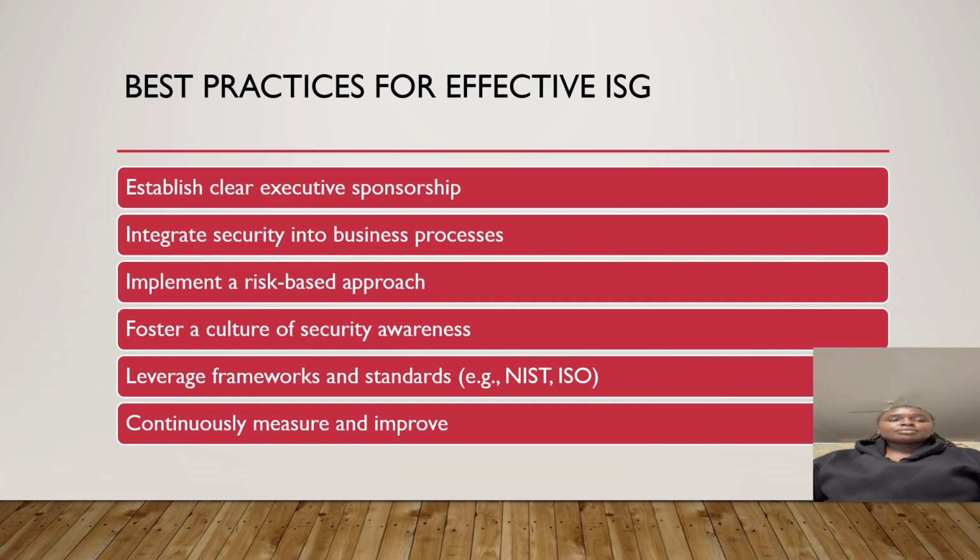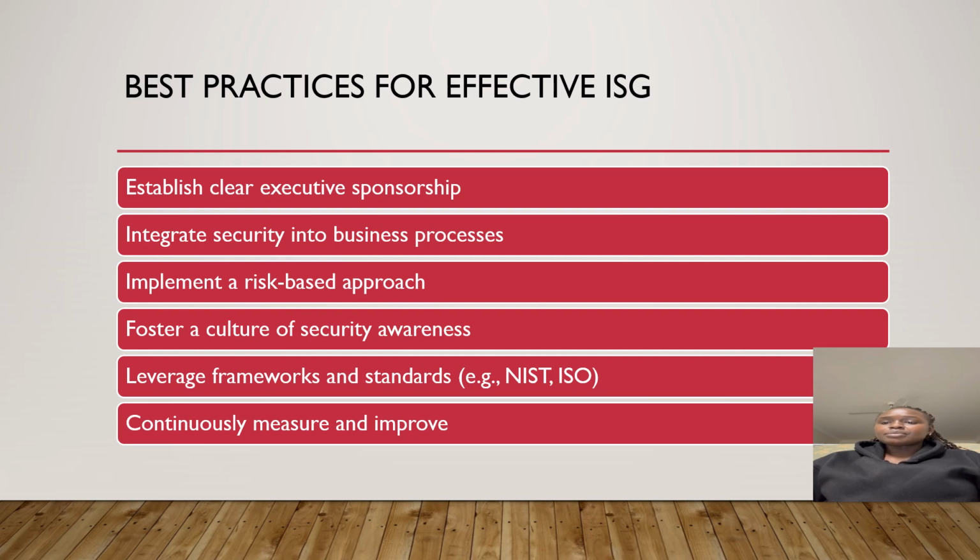I'll be taking you through the best practices for effective information security governance. Successful information security governance requires several best practices. Clear executive sponsorship is crucial for driving security as a business priority. Security should be integrated into all business processes, not treated as an afterthought.